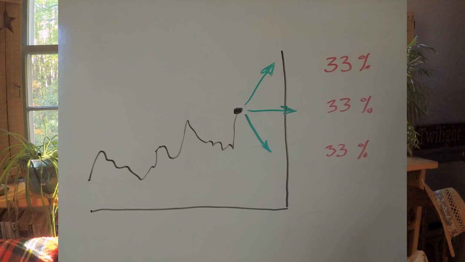And so you look at the next slide, and there's the distribution of probabilities of what could happen on the next tick. You got a 33% chance that it's going to go up. You got a 33% chance that it's going to float sideways. You got a 33% chance that it's going to go down.